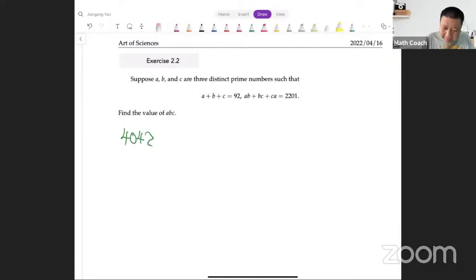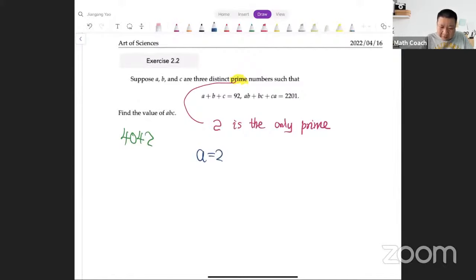Each time you see a prime number, for me, especially after I see some real concrete numbers, I see 2 is the only even prime, right? So what we know is, if all of them are odd, then there must be something wrong. So one of them has to be 2. So we can assume that A equals 2. And then what is B plus C? B plus C must be 90.